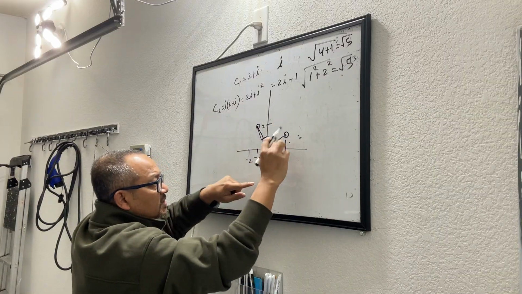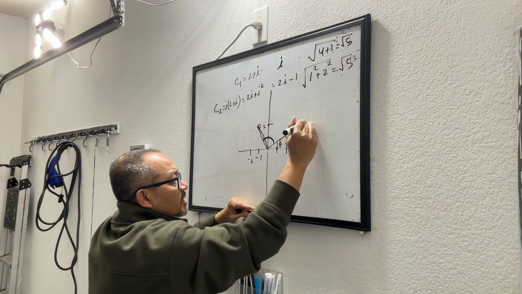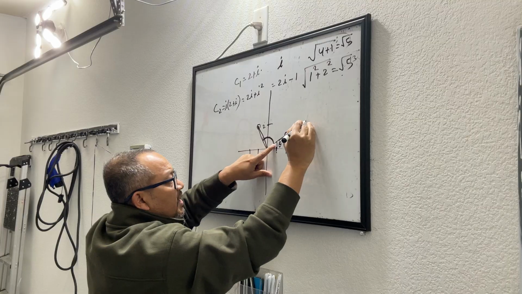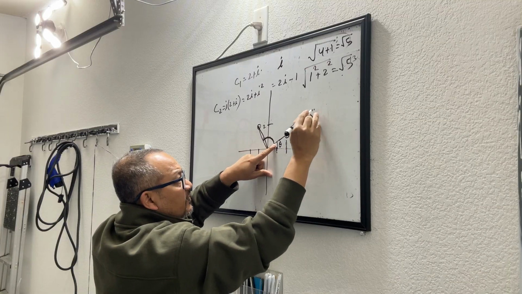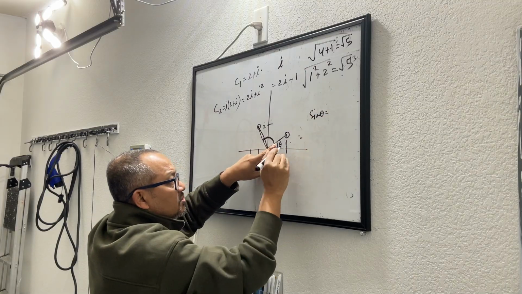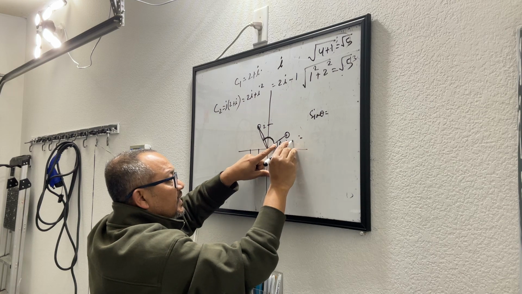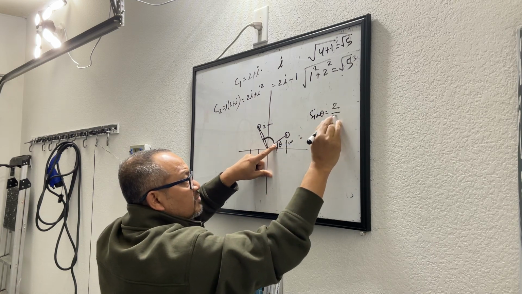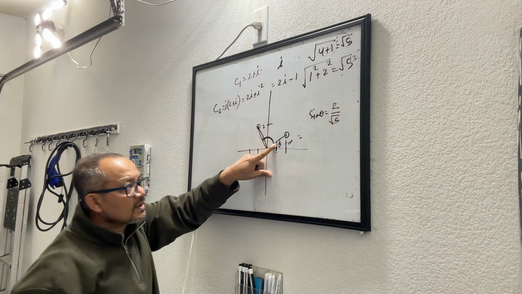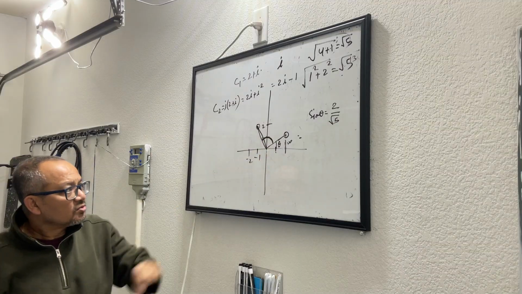Square root 5. So here, I will say sine of theta is equal to this length, which is 2 by square root 5.